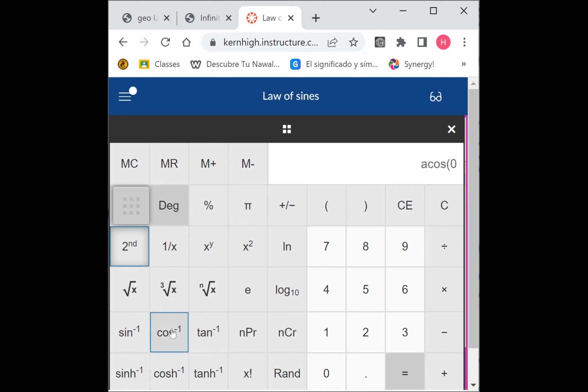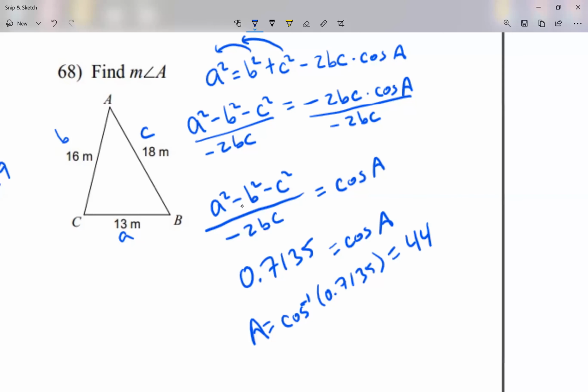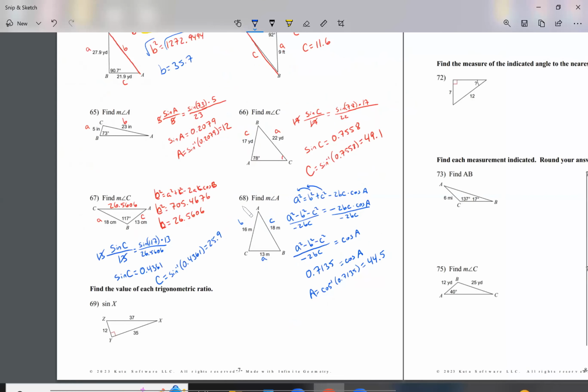Cosine inverse of 0.7135. All right, so 44.47. So I'm gonna round it to 44.5. That's what we did today.